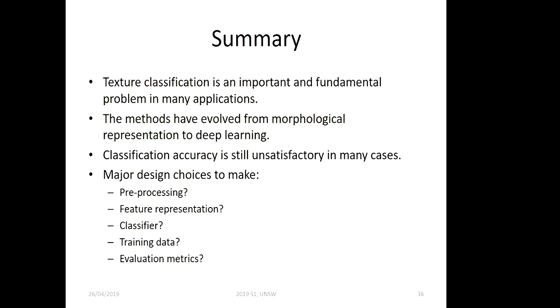The methods have evolved from morphological representation to deep learning, but classification accuracy is still quite low in many cases. So if you want to study this kind of problem, the same types of design choices need to be considered, especially feature representation and classifier. And some standard evaluation metrics can be applied.